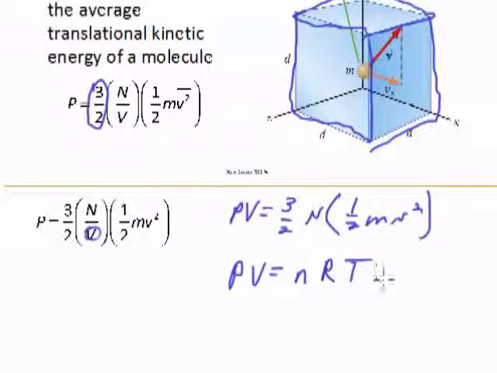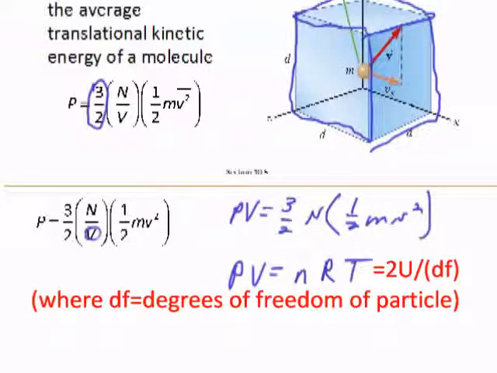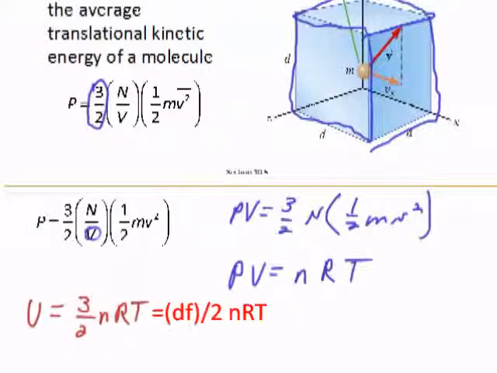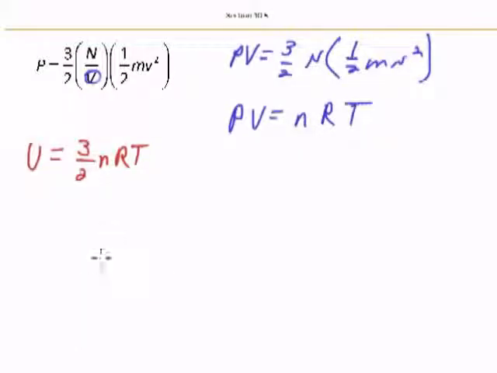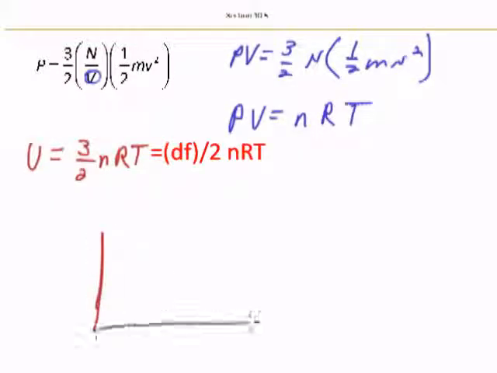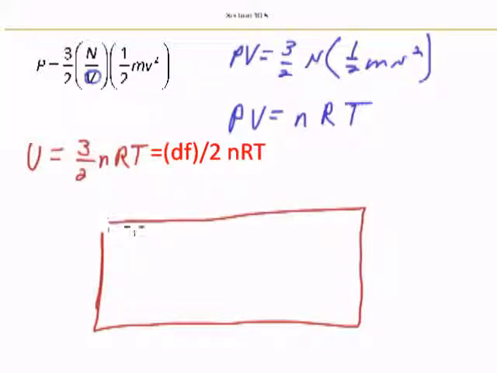nR times the temperature. Now we're going to be contrasting this with the equation for internal energy of a gas, which is 3/2 nRT. So here's a little bit of a diagram you can imagine, splitting off the internal energy into three parts.